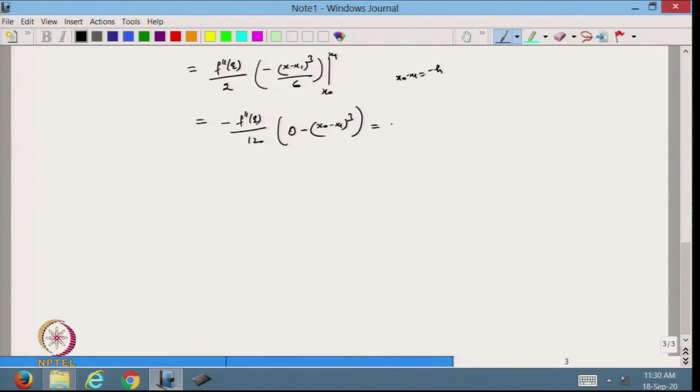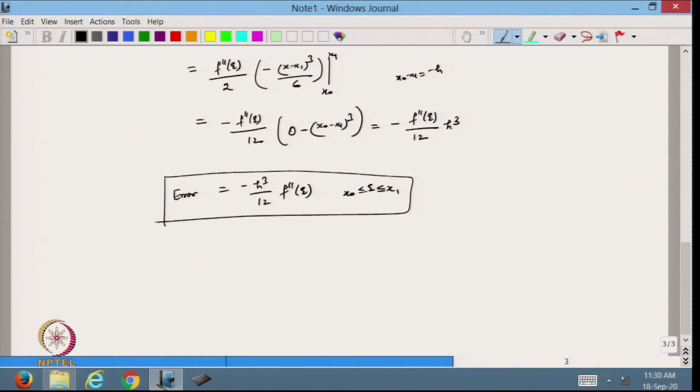So this is equal to minus f double dash xi into h cube. So the error term in this integration will be h cube by 12 f double dash xi, where xi is lying between x0 and x1. That is the error in this integration.